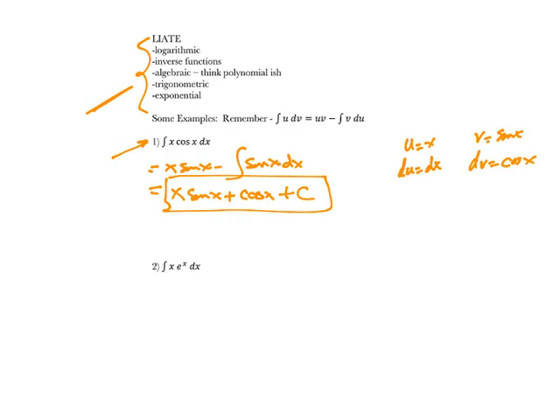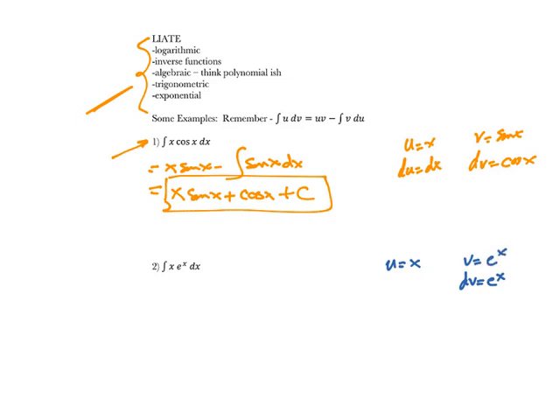Okay? So, second one, we have x e to the x. So I have algebraic and exponential. Algebraic is first, so u is x, dv is e to the x. That means if I integrate e to the x, I get e to the x.